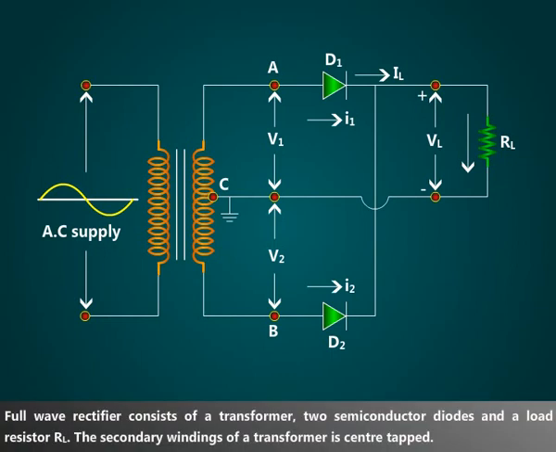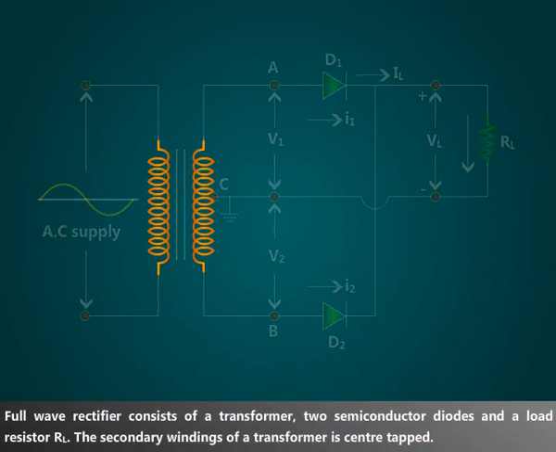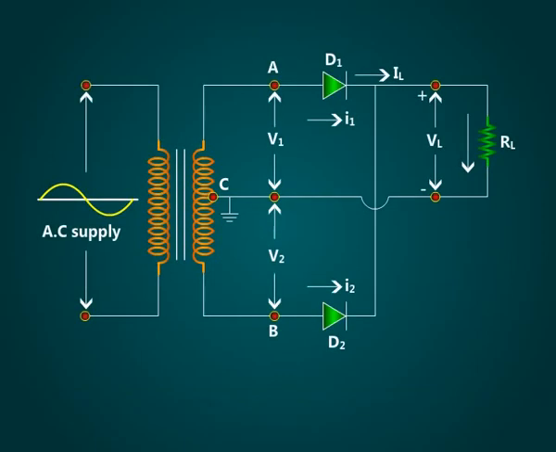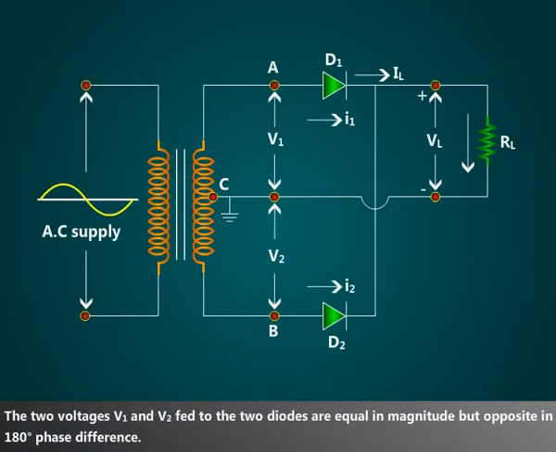Construction. Full wave rectifier consists of a transformer, two semiconductor diodes and a load resistor RL. The secondary winding of the transformer is center tapped. The two voltages V1 and V2 fed to the two diodes are equal in magnitude but have a 180 degrees phase difference.